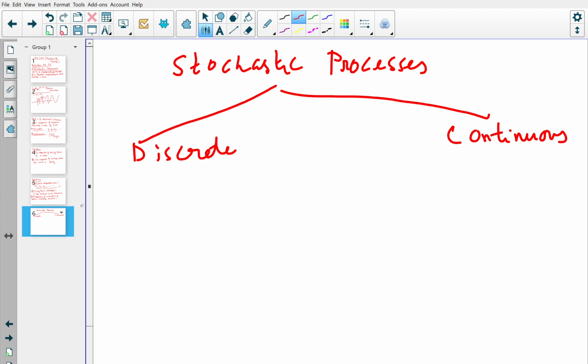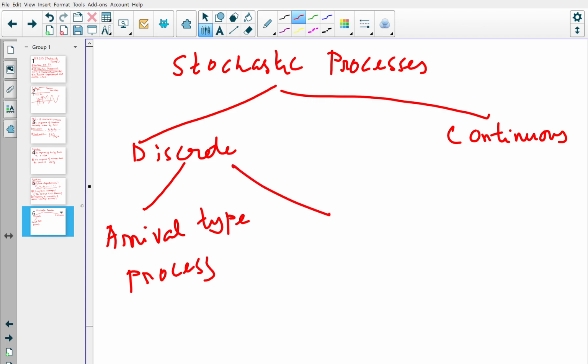So we are learning only discrete type stochastic processes, and here especially we will learn two types. One is called the arrival type process, and the Markov process.